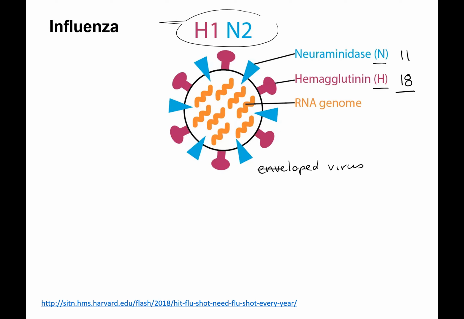These are the main parts, since they're on the outside surface of the virus, that are going to trigger an antibody response, or your immune response. So these are the most antigenic parts, and our body is going to make antibodies to these parts of the virus as it makes a protective immune response.